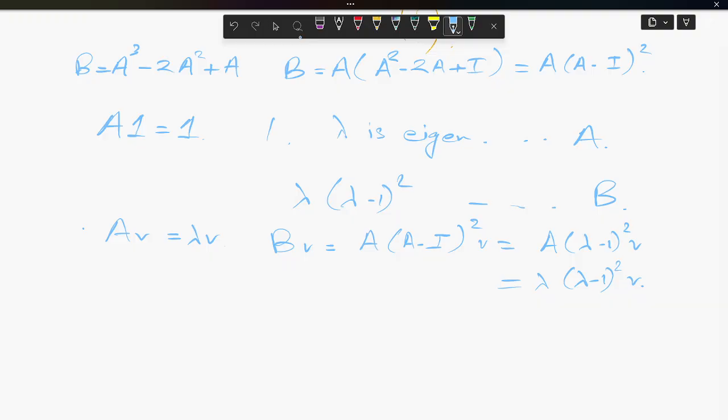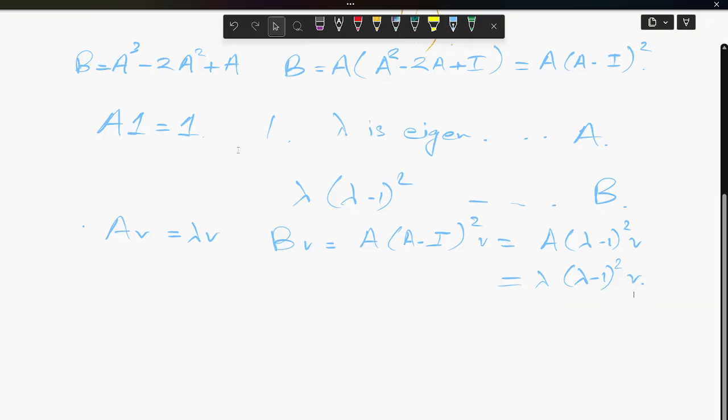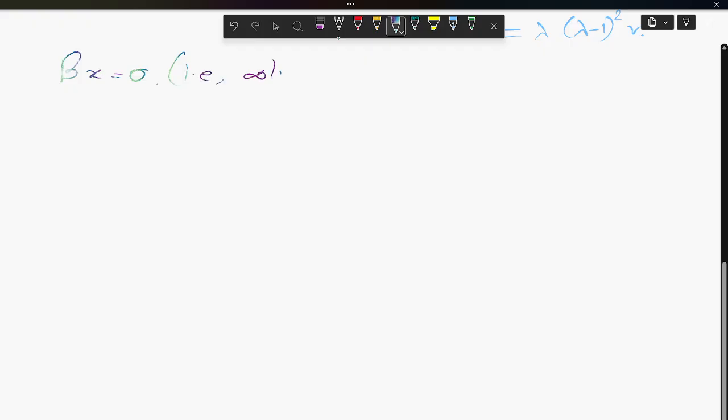So determining the null space of B. Now the equation Bx equals 0 has non-trivial solutions, that means infinitely many solutions, if B is singular, meaning at least one eigenvalue of B is 0.